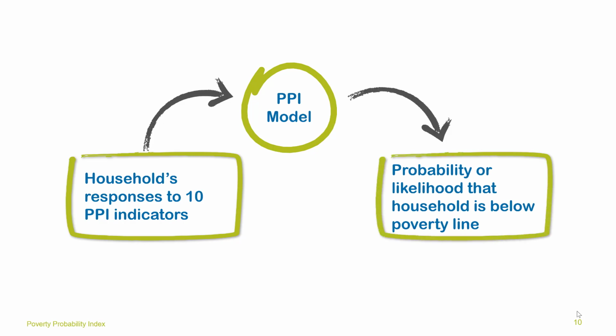That is, the probability that the household's per person per day consumption expenditure or income is below the poverty line. This probability is expressed in the form of a percentage. So, for example, you could say that this household has a 60% probability of being below the $1.9 per day 2011 purchasing power parity line.